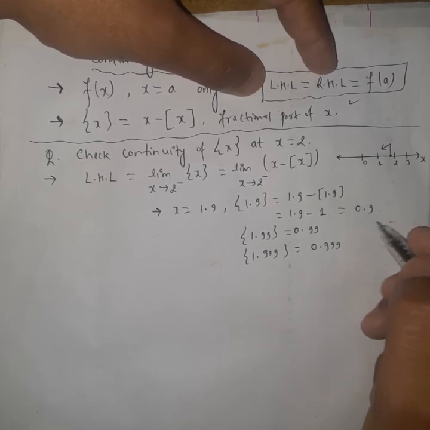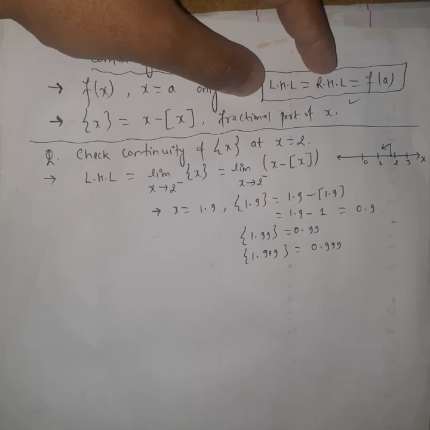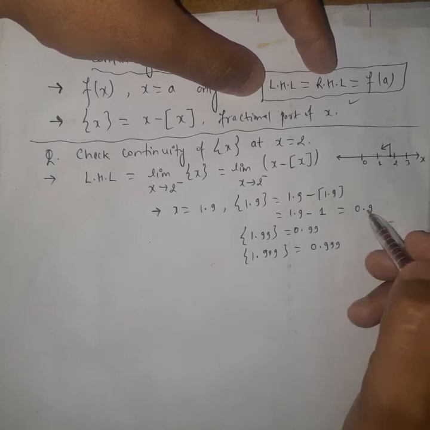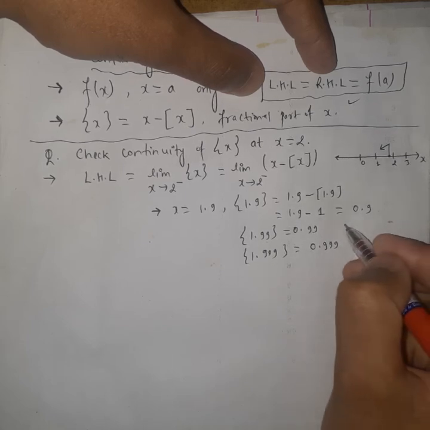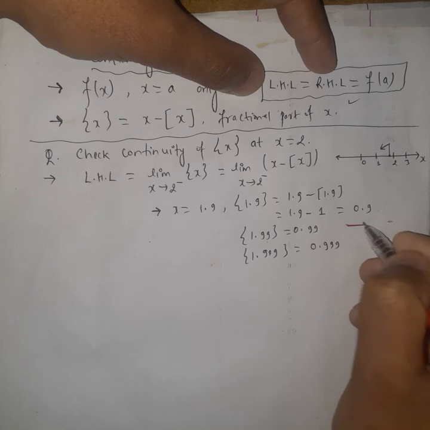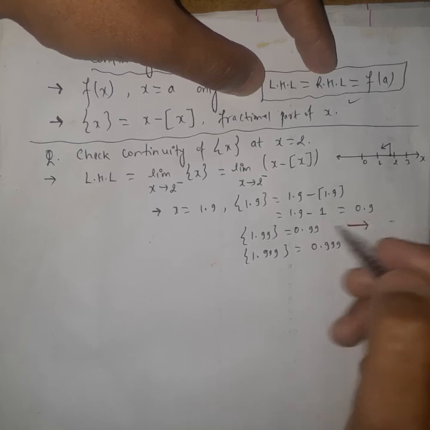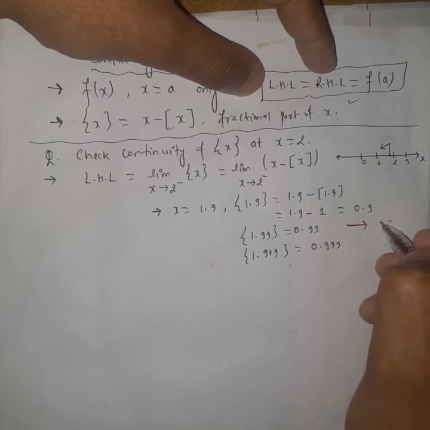And here we can observe that all these fractional part values, 0.9, 0.99, and 0.999, are very close to the number 1.